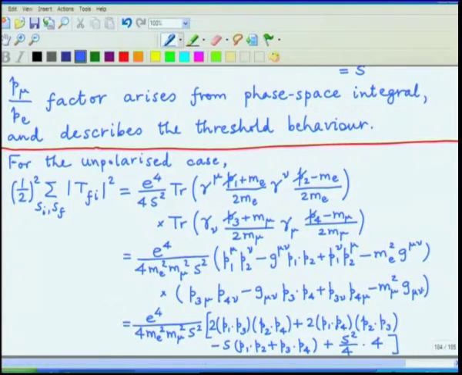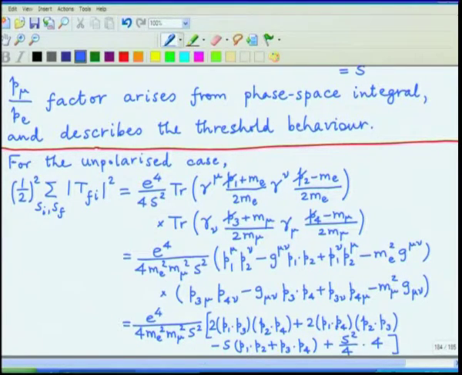Here I have explicitly used the structure that m squared can be converted to s by using the dispersion relation between energy and momenta, and m can be completely eliminated in favor of this overall variable s.